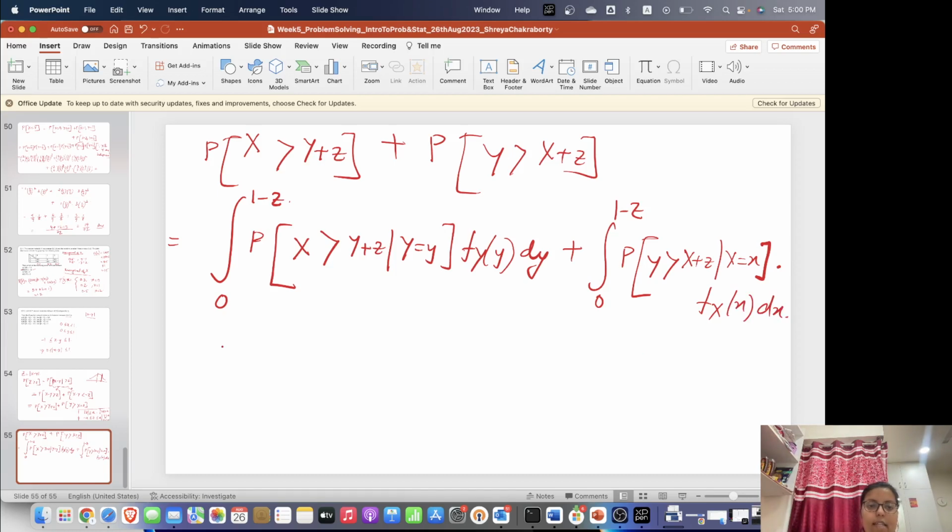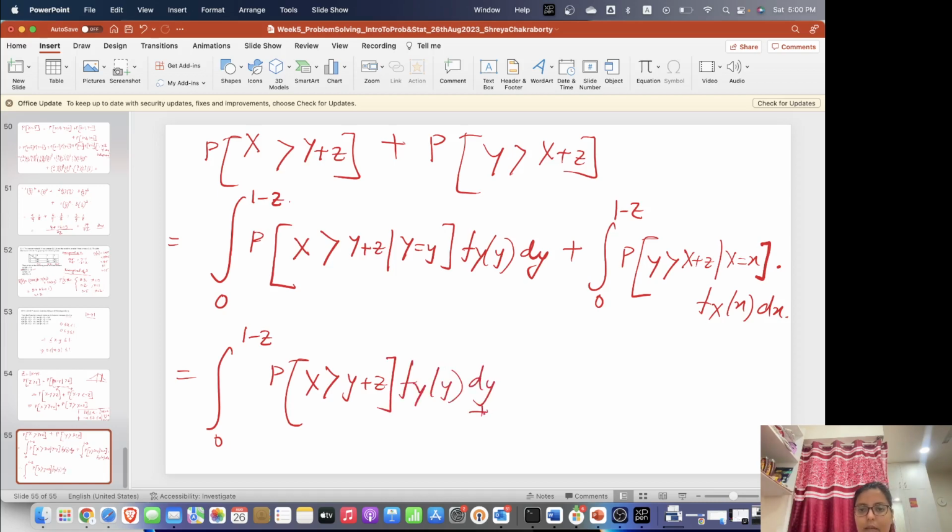Alright, since x and y are independent, we can write the integral from 0 to 1 minus z of probability x greater than y plus z, into f_Y(y) dy, plus the integral from 0 to 1 minus z of probability y greater than x plus z, f_X(x) dx.